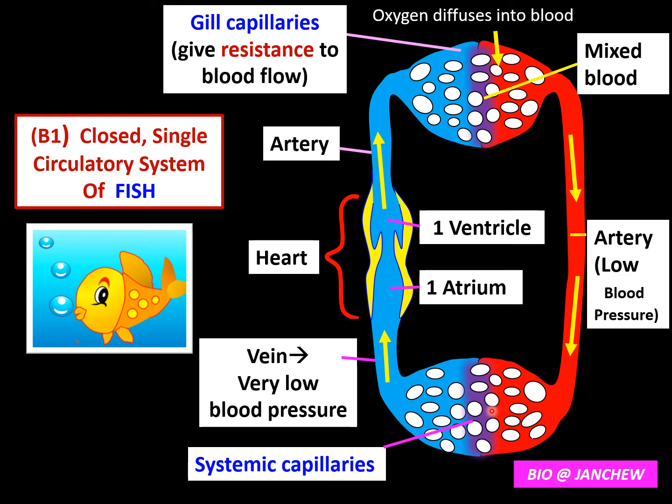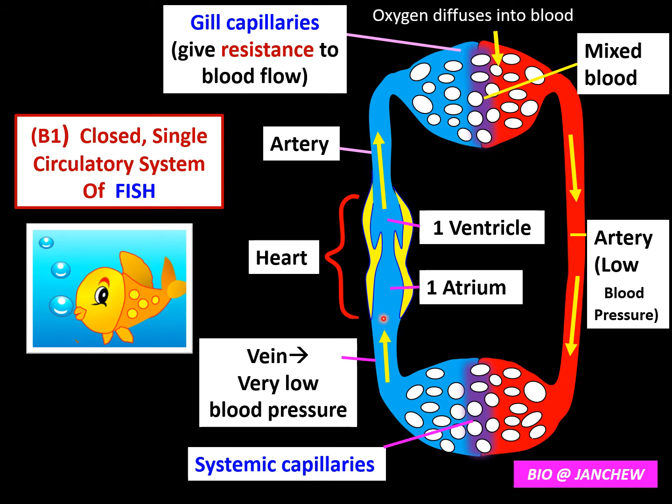The aim of the systemic capillaries is to allow the oxygen in the blood to diffuse into the cells, and carbon dioxide diffuses out from the cells into the blood. So now we have deoxygenated blood, which flows back to the heart through the veins.